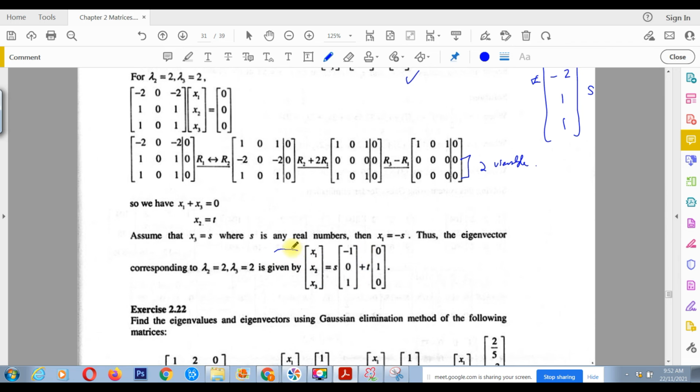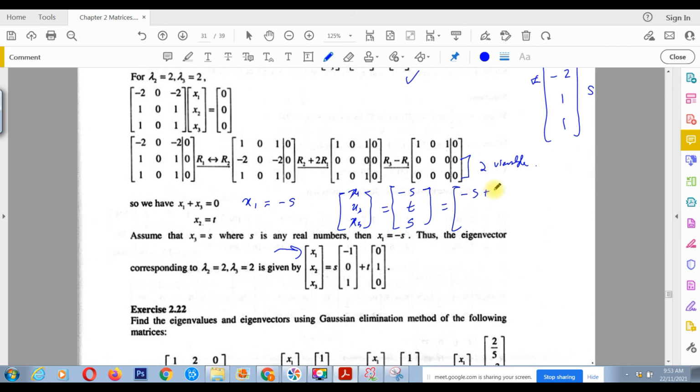How do we transform this into the formula? S3 equals s, so s1 equals negative s, because s3 is here. So we put s1, s2, s3: s1 is negative s, s2 equals t, and s3 equals s. Can we write it like this?